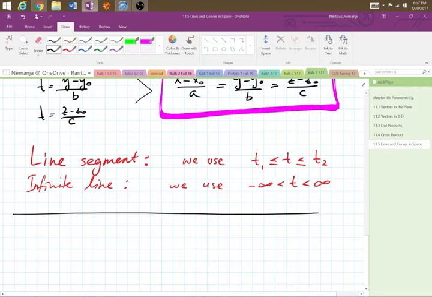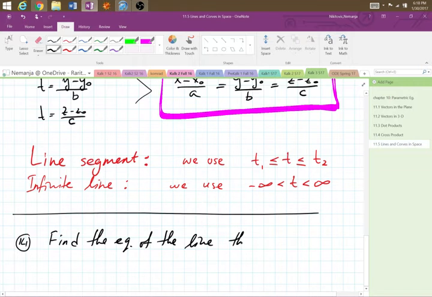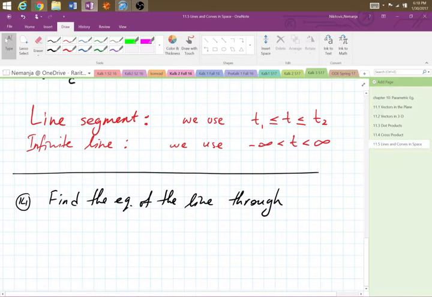Number 14 says find the equation of the line through (1, 0, 1) and (3, -3, 3).